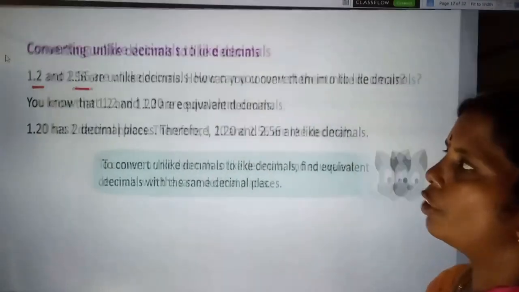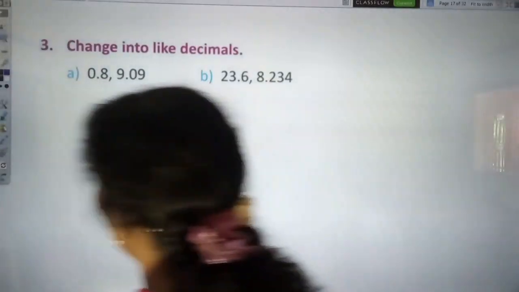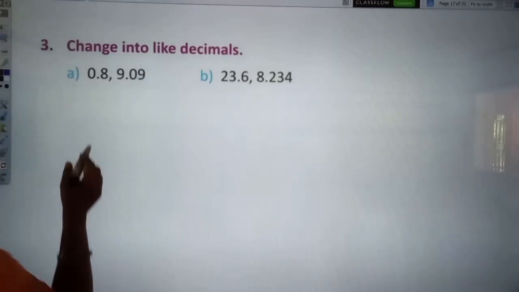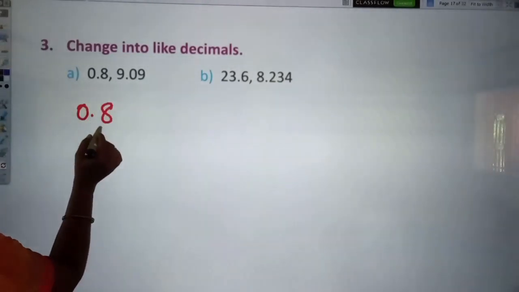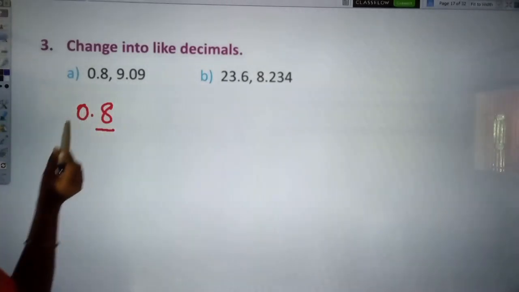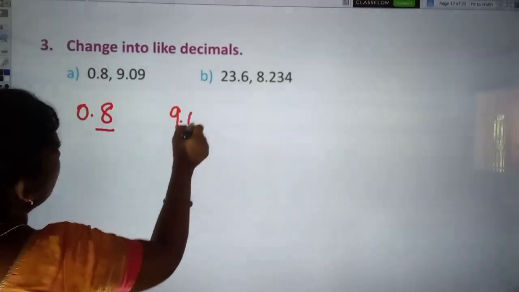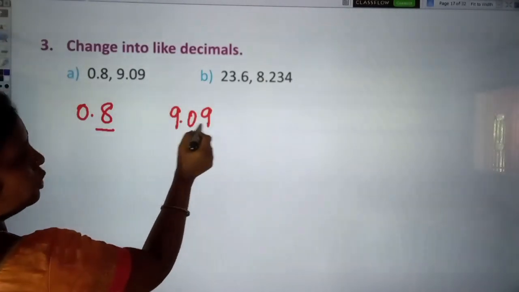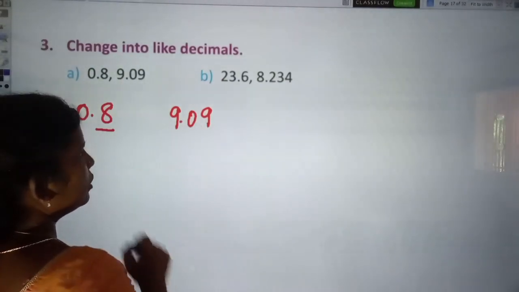So clear? Now we are going to the exercise sum. Change into like decimals: 0.8 and 9.09. See, 0.8, we are having only one decimal place after the decimal point. This tenth place only it is having. Here 9.09 we are having 2 decimal places after the decimal point. This tenth place and hundredth place is there.